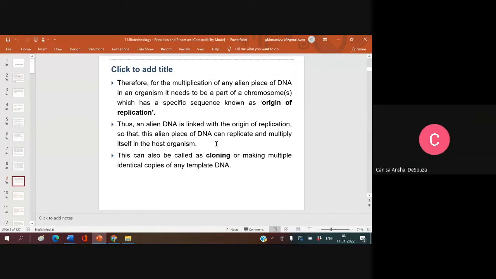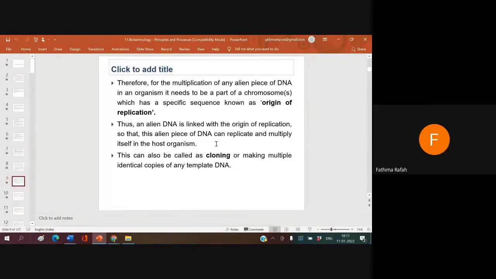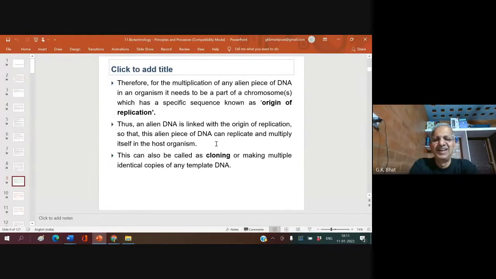Nonsense DNA? No, don't go to that extent. Otherwise, what do you call template DNA here, in the example I have given? Template DNA is nothing but alien piece of DNA, which is nothing but foreign piece of DNA, which is nothing but desired gene.